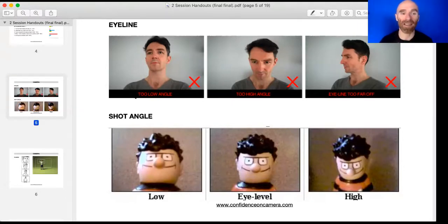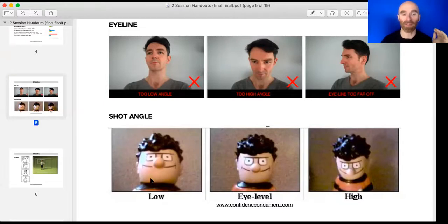So eyeline and shot angle, while the effect is similar, the idea is different. Eyeline is your eyes and where they are looking. The camera is fundamentally in the same place for all three of these, but this person is looking in different places. So he's looking up, he's looking too low, he's looking off to the side. Shot angle is where you're placing the camera.